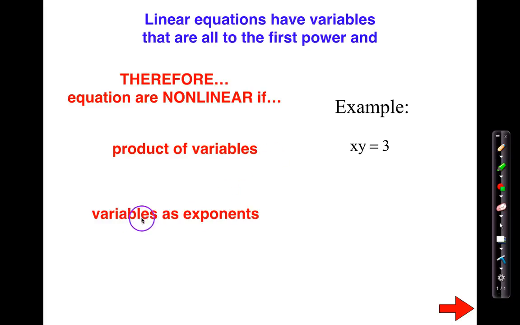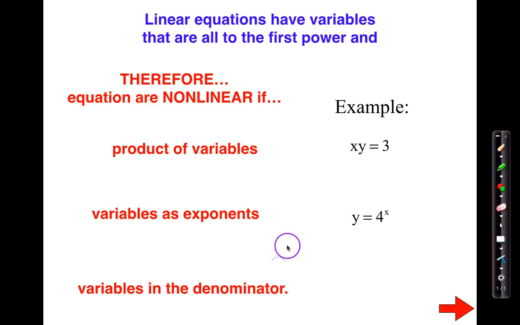What else? If you have variables as exponents, so here, since x is an exponent, this would be nonlinear. And last but not least, if the variable is in the denominator, so here, y equals 6 over x. Since x is in the denominator, it is nonlinear.